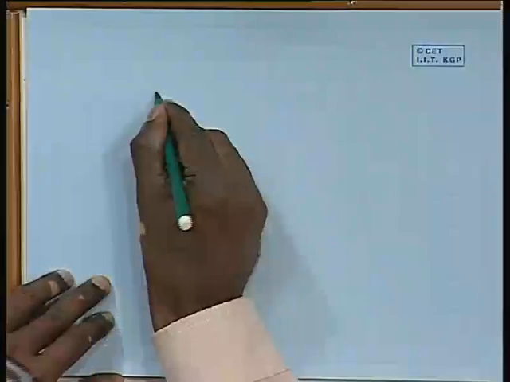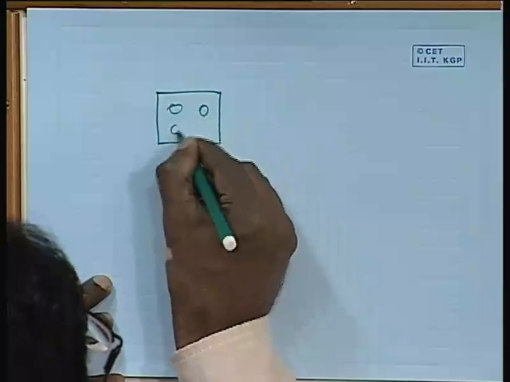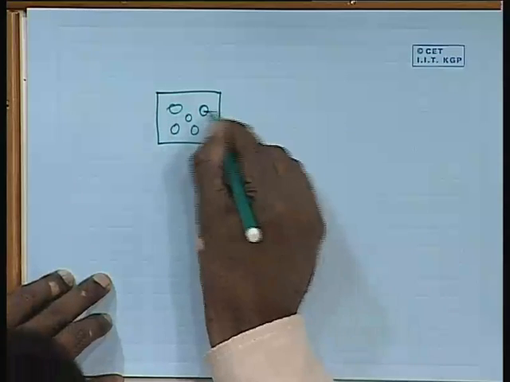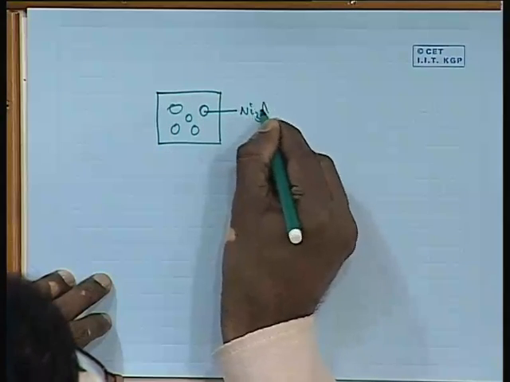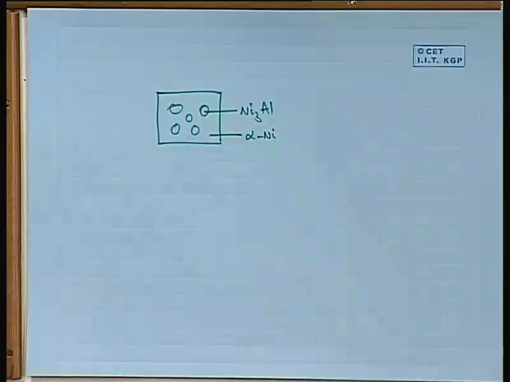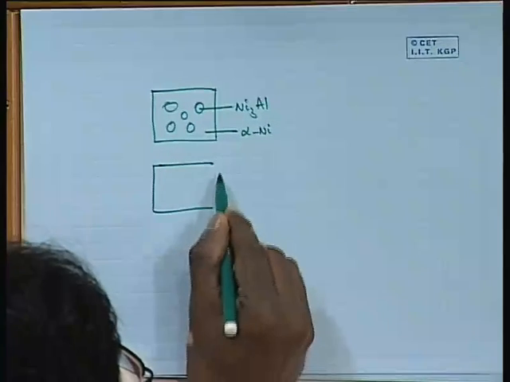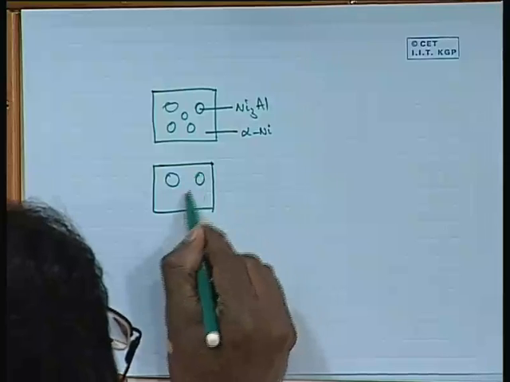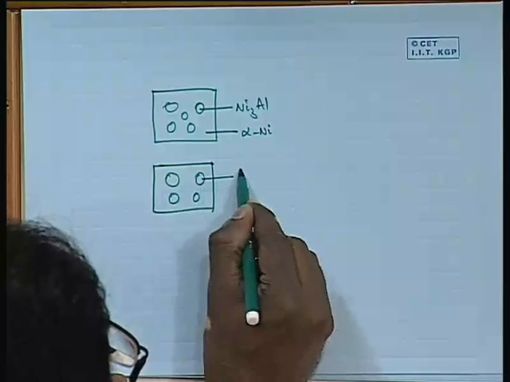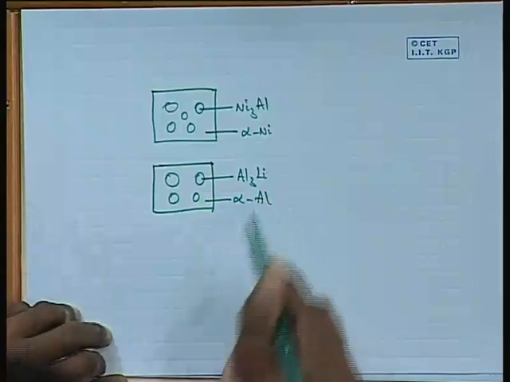So it looks like this, that if you look at the microstructure, you have a nickel matrix and spherical Ni3Al particles, and this is alpha nickel, solid solution of nickel with some other elements in it. Exactly similar situation you have in an aluminum lithium alloy, that you have spherical Al3Li particles with an alpha aluminum matrix.